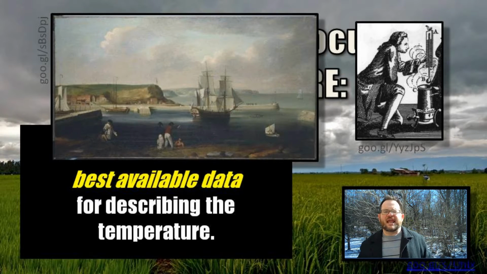Certainly by about the 1880s, the world was actually pretty well monitored in terms of temperature by observations being taken by French scientists, British scientists, German scientists, really pretty much every tropical island, every corner of Africa, every corner of South America was being monitored by reasonably high quality temperature observations.